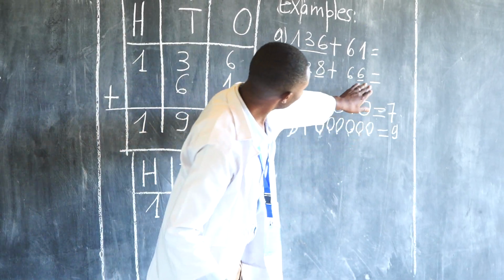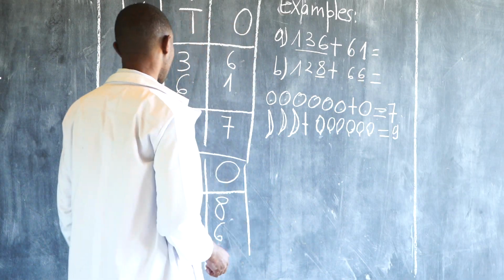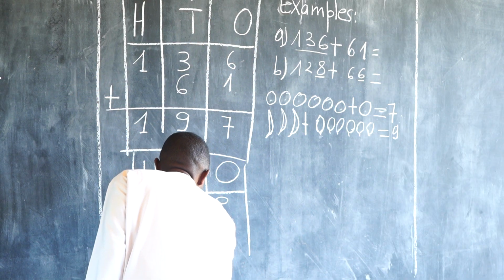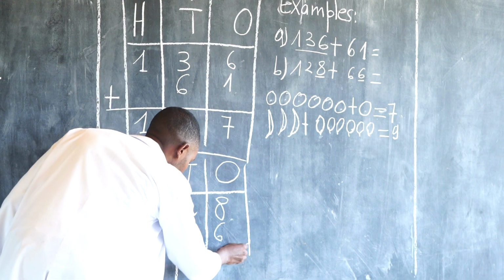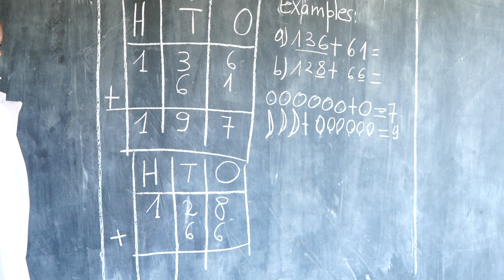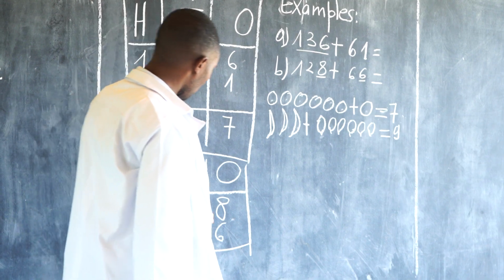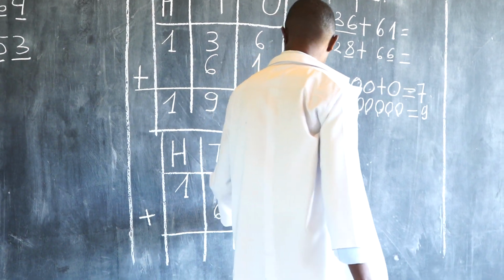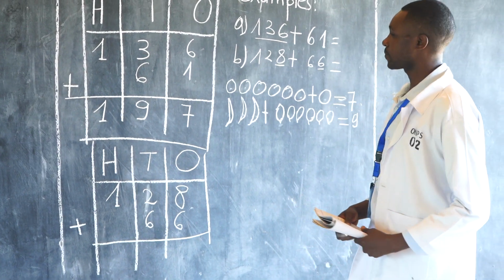After 6, we have another 6 here, which represents tens. It is 6 we are going to put here. Now after that, we have to put our addition sign here. Now here we have 8 plus 6 in the column of ones.